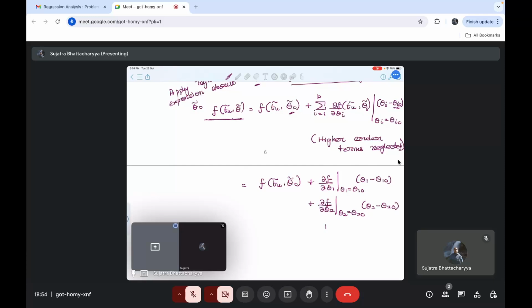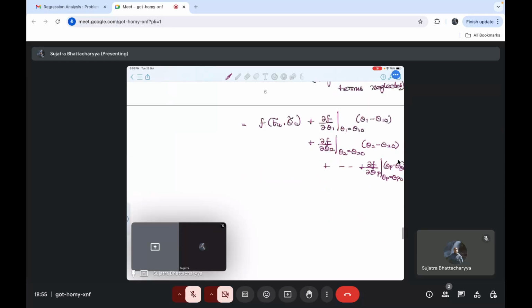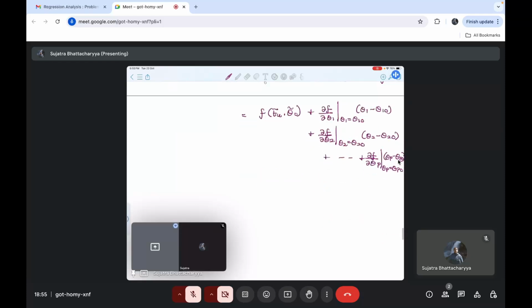Like that, we'll continue for all the parameters, up to delta f by delta theta p at theta p equal to theta p 0, into theta p minus theta p 0. This is how you can write. This is what it means. All right, so this is done.